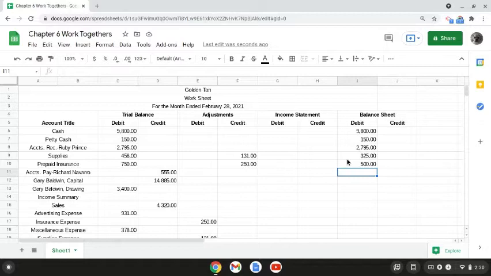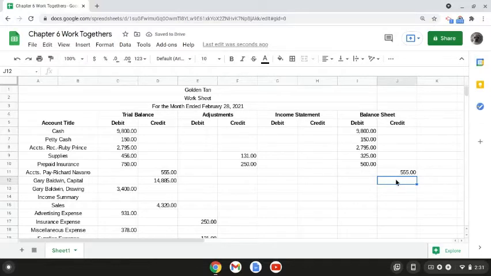Okay, so now we are done with our assets, and now we're ready to move on to our liabilities. So accounts payable, Richard Navarro, was listed in the trial balance credit column as an amount of $555. So we are going to transfer this number over to the balance sheet credit column.